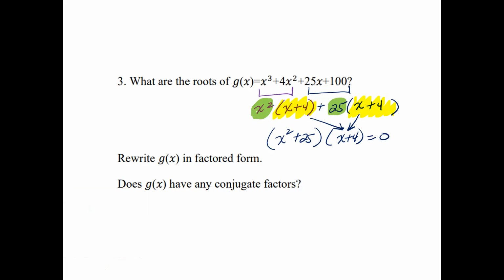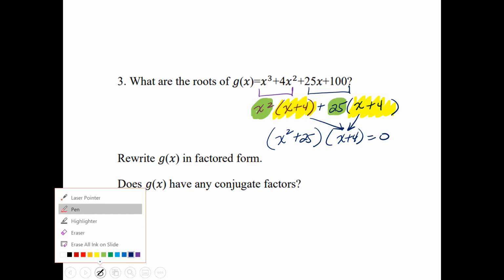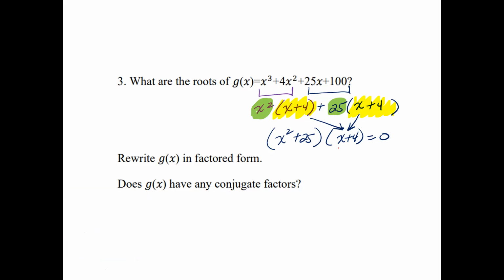Set it equal to 0. If I set this equal to 0, I'm just going to focus on this one factor because it's a lot easier that way. This one is x plus 4 equals 0. So x equals negative 4. And guess what? That's your first zero.